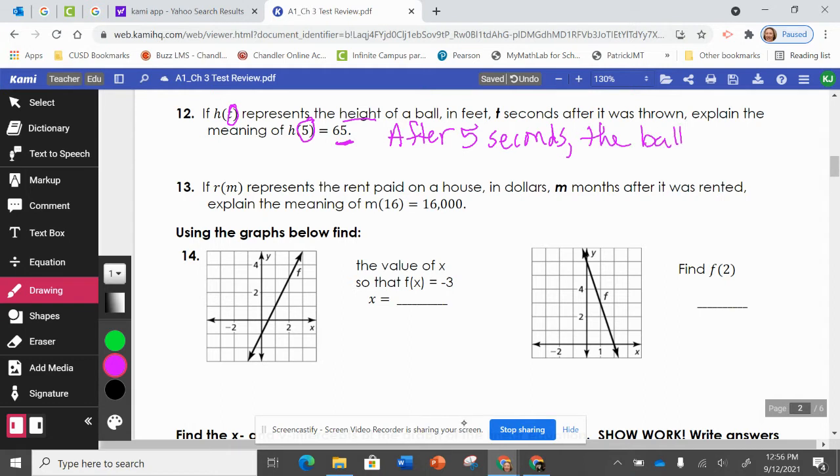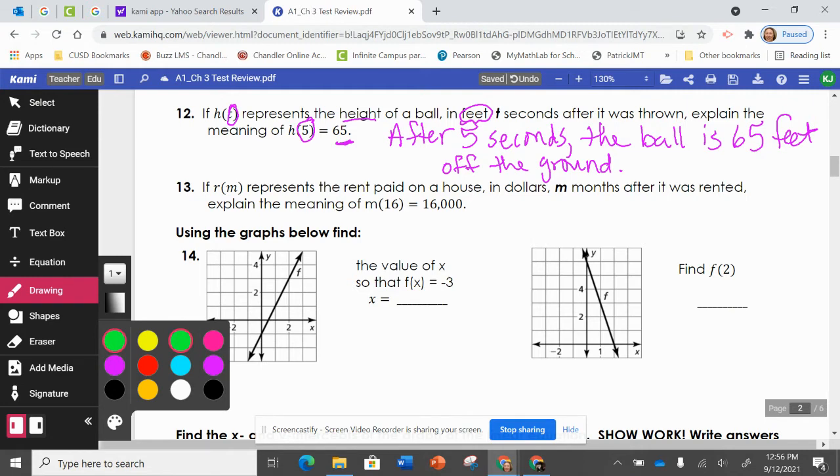The ball is 65 feet, and I got feet from this right here. And I can put off the ground, or high, or it reached a height of 65 feet after 5 seconds, however it is that you want to say that.